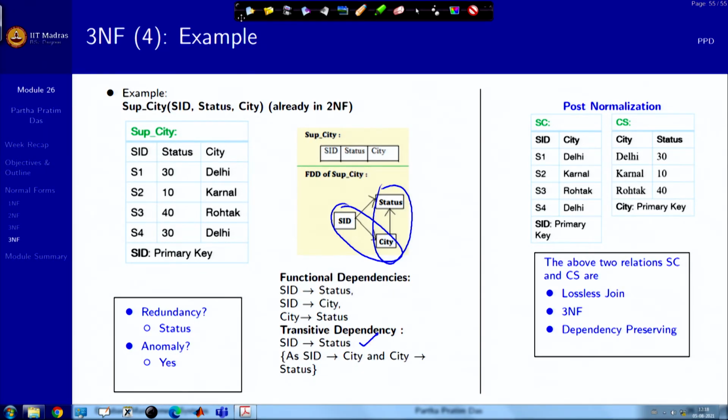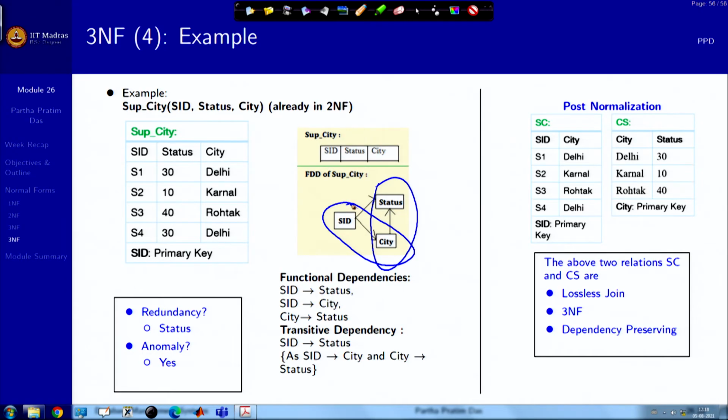Okay. So, there is possibility of anomalies here. So, what we will do is we will normalize, say, based on, we will break this transitivity. So, how do we do that? We do SID city and we do city status, put them in separate buckets.